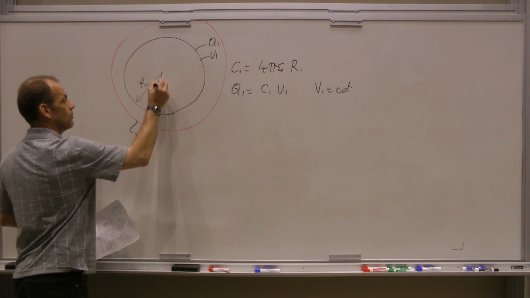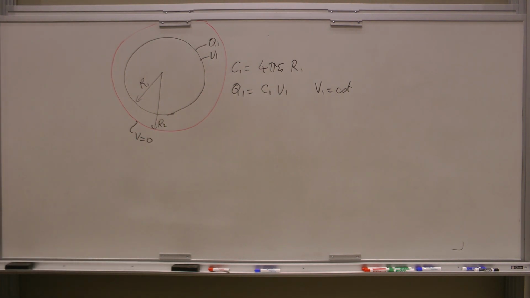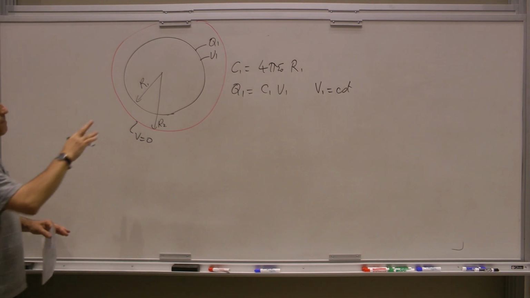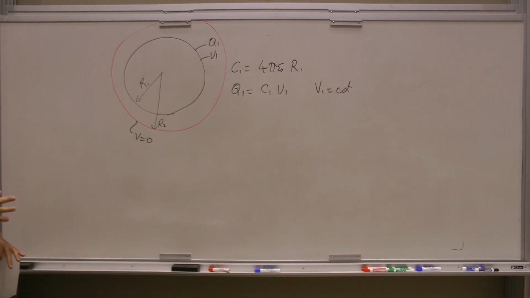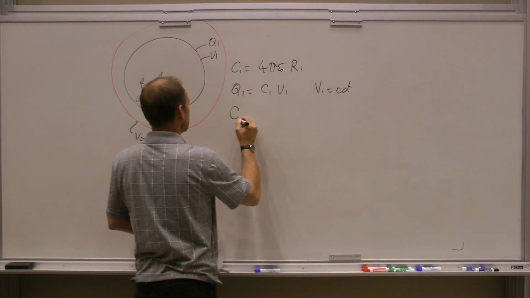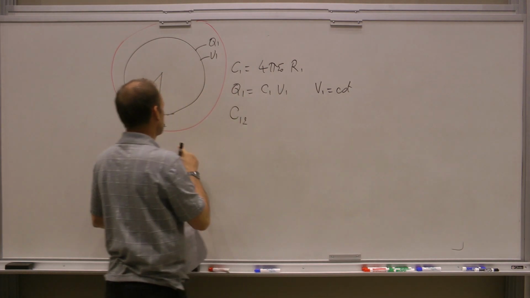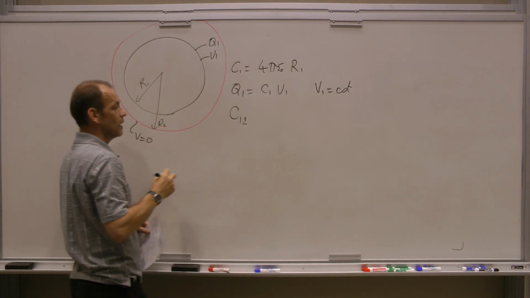This is a radius R1, this is a radius R2. So what happens? Well, as I introduce this new conductor surrounding the inner sphere, I'm creating a new capacitance. I'm going to call it C12, corresponding to the capacitance of spheres 1 and 2 together.